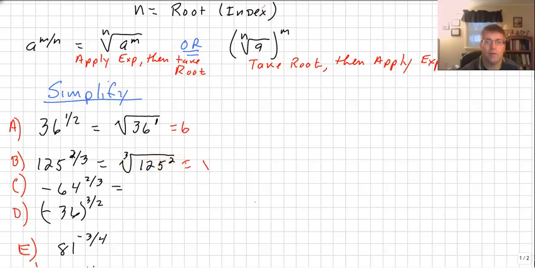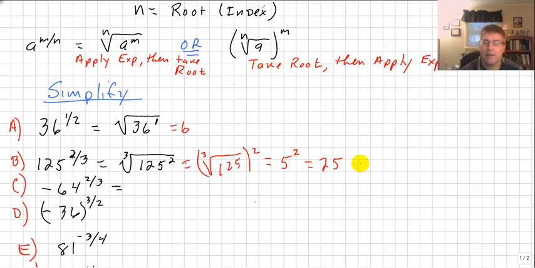Really what we want to do here is take the cube root of 125 first, and then square our result, because we know the cube root of 125 is 5, so this turns into 5 squared, or 25. So 125 to the 2/3 is 25.